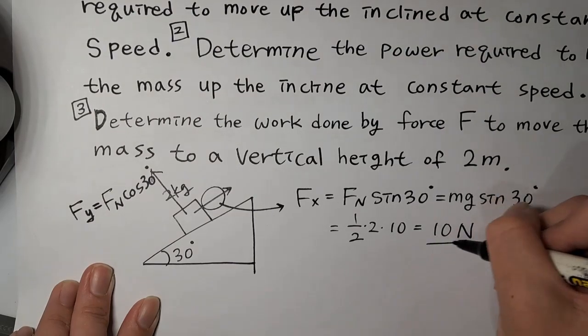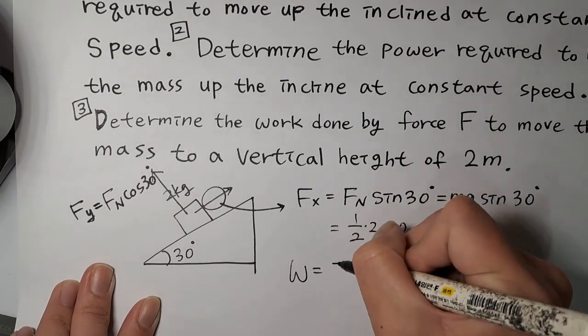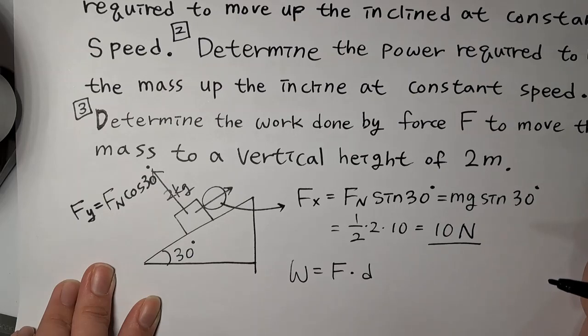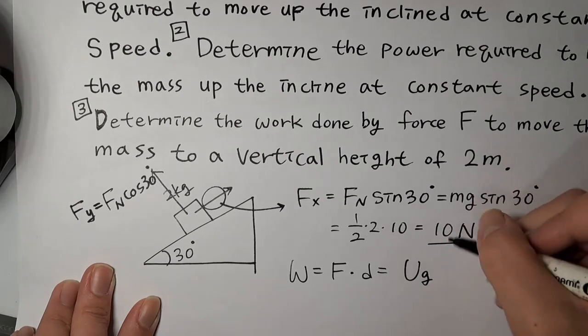So the first is going to be 10 Newton, and you can find the work. Work is force multiplied by distance, and this is gravitational potential energy.